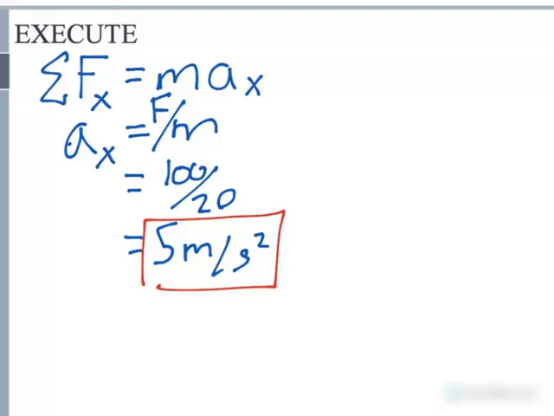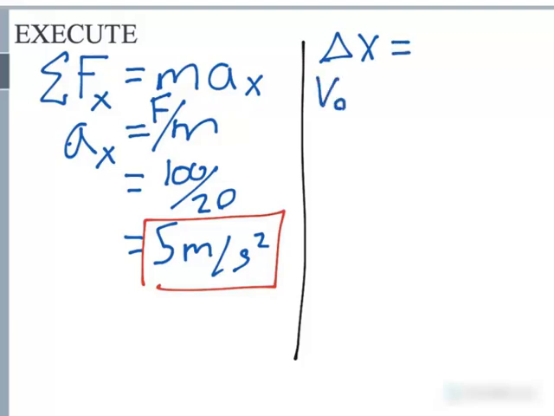Now after that, we need to find the change in x. We have delta x is going to equal velocity initial times time plus 1/2 a, which is the acceleration we just found, times time squared.